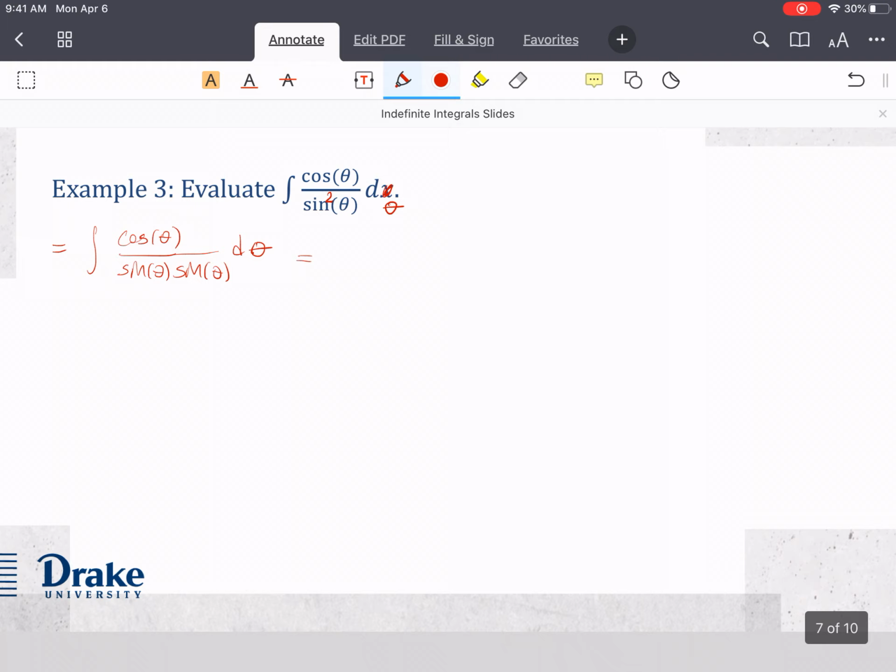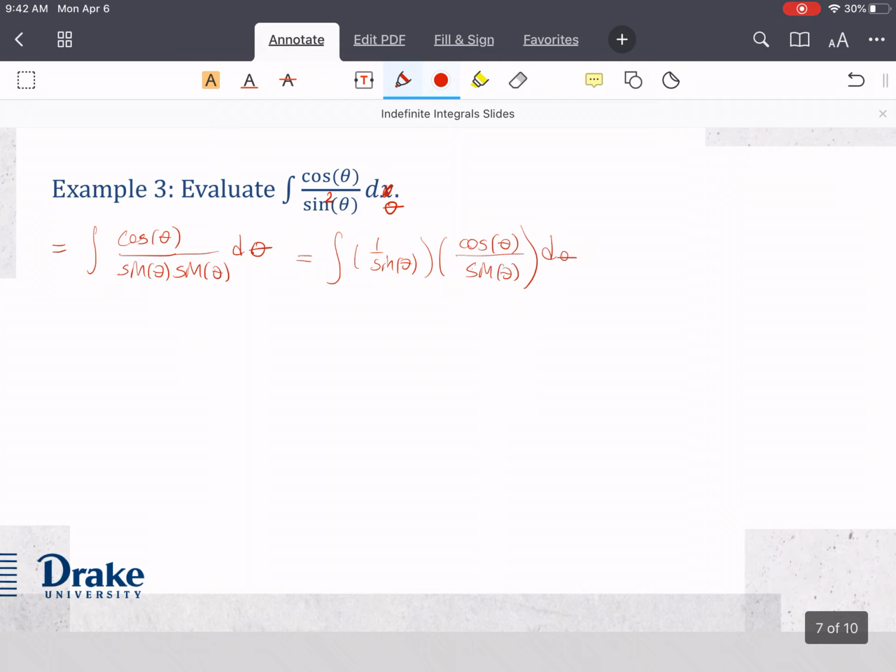And then what we're going to do next is take a look at this expression and try to see if we can find some identities. So we know that cosine over sine is cotangent, and we know that 1 over sine is cosecant. So I can rewrite this as 1 over sine times, in a second parentheses, cosine theta over sine theta, multiplied by d theta.